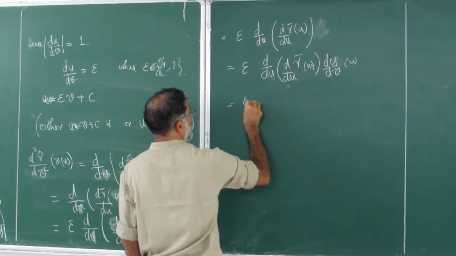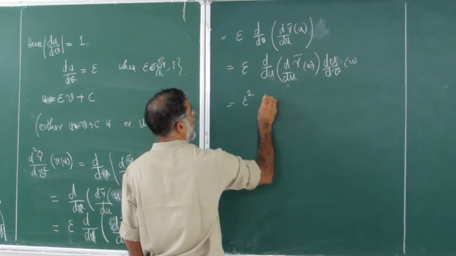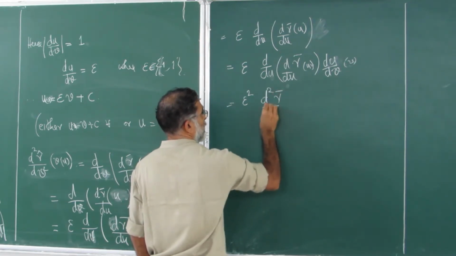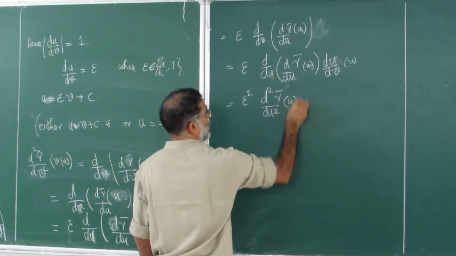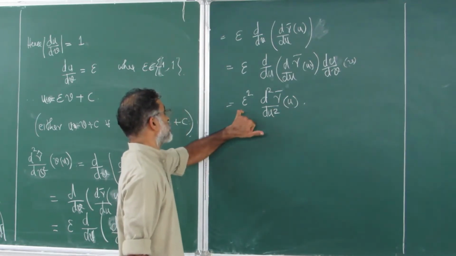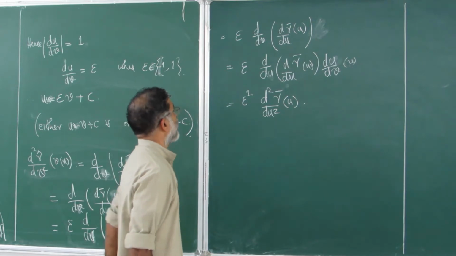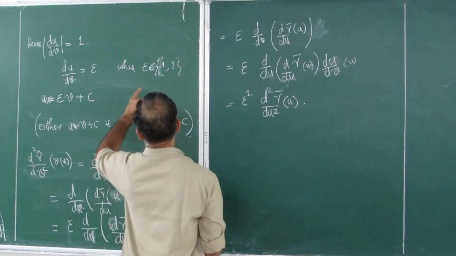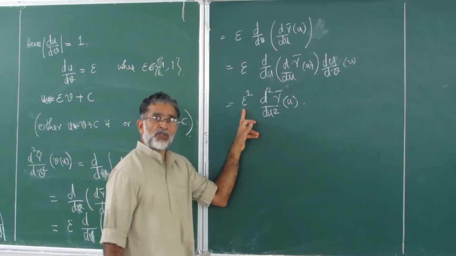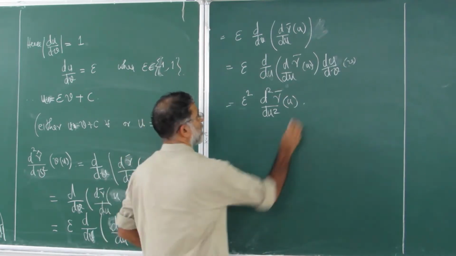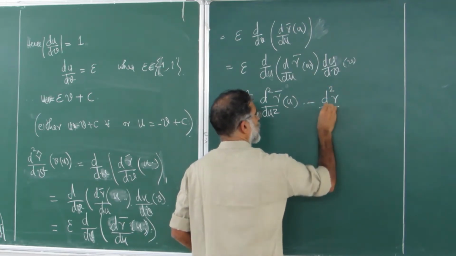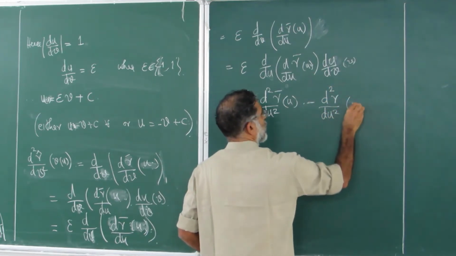So that is again epsilon. So epsilon square d square gamma bar by du square at uv. Now you can see this epsilon is either 1 or minus 1. So epsilon square is always going to be 1. So this is equal to d square gamma bar by du square.